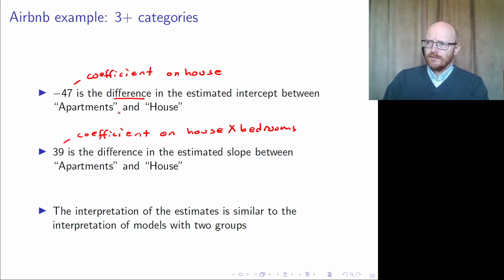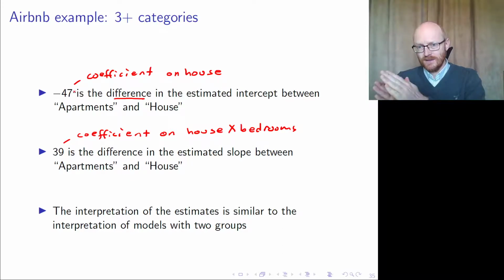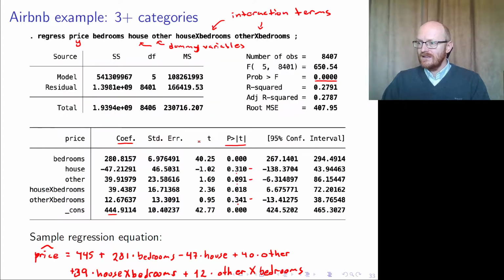And this means that you can look at the coefficient on house and see, is the intercept between the regressions of properties house and properties apartments different?